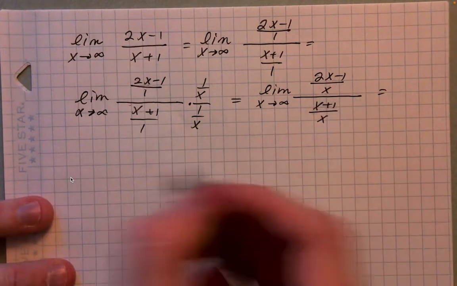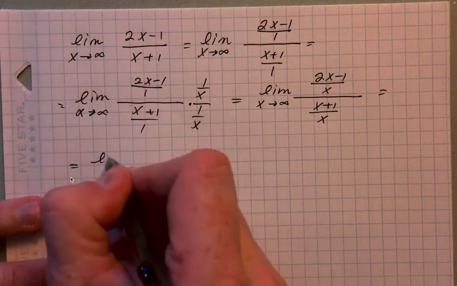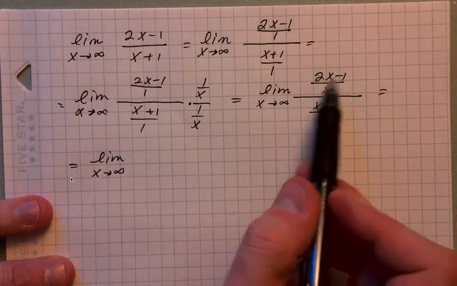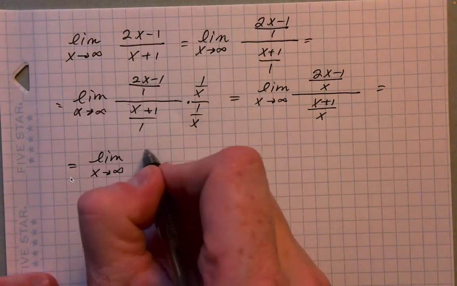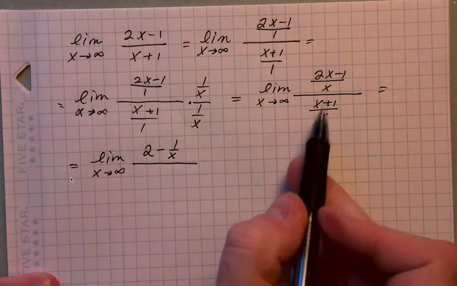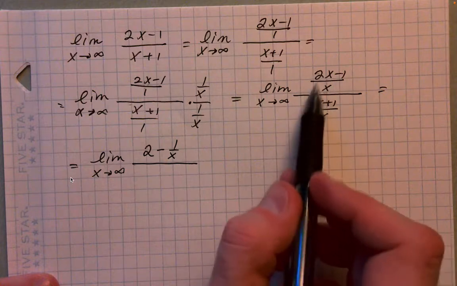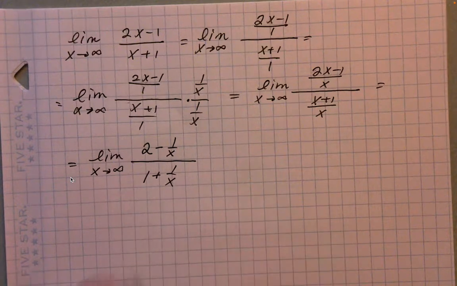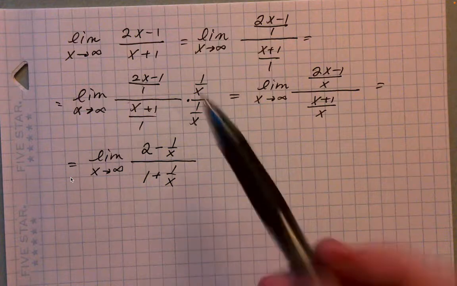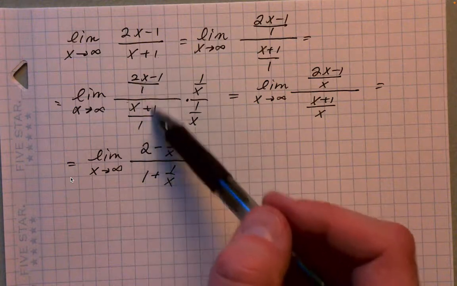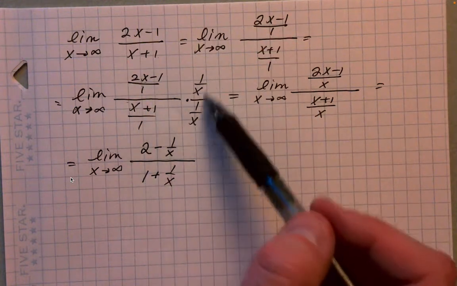Now, one of the things you can see here is that you can do some cancellation, kind of break this up. And so you could write it like this, 2 minus 1 over x, just canceling the x's and breaking the fraction up, divided by 1 plus 1 over x. Okay? So these are just algebraic tricks, right? We're just reinterpreting this rational function, a pretty straightforward little trick, and then multiplying top and bottom by the same thing.